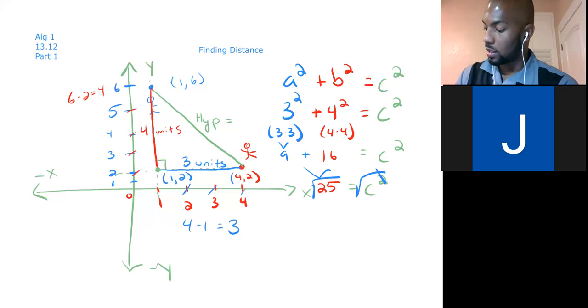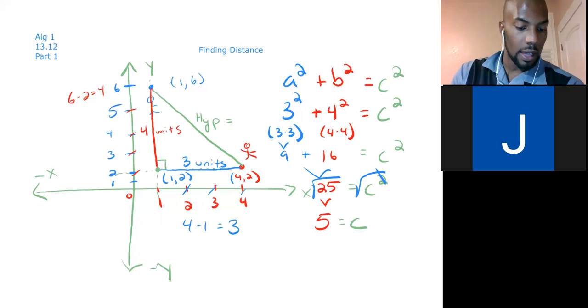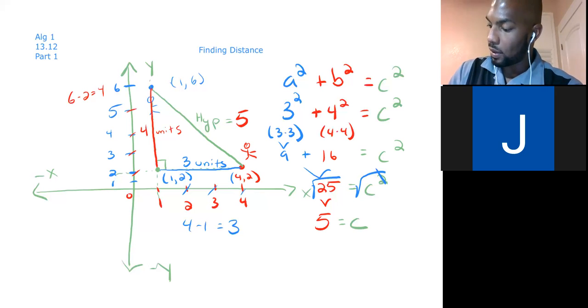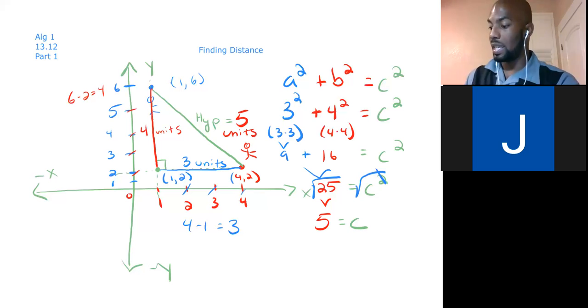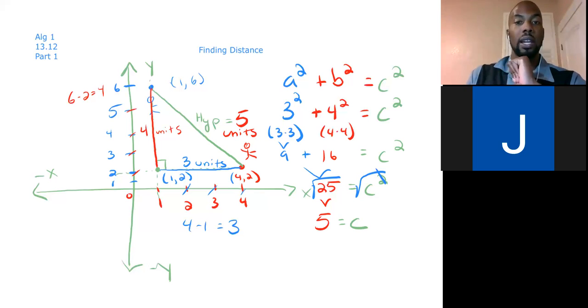So I say, what is the radical or the square root of 25? And we all know it's 5, equals c. And sure enough, my hypotenuse is 5 units, which means the distance between you and your friend is 5 units, whatever that is.